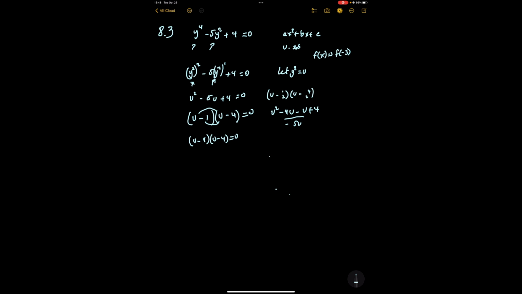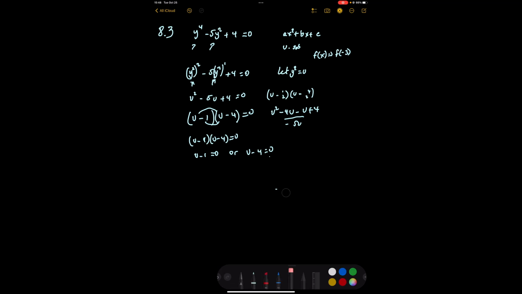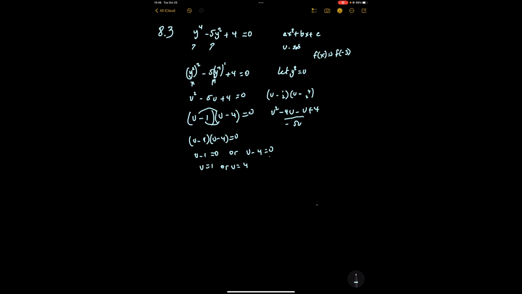And so we're going to have u minus 1 equal to 0, or u minus 4 equal to 0. And so what we are left with is u equal to 1 or u equal to 4.